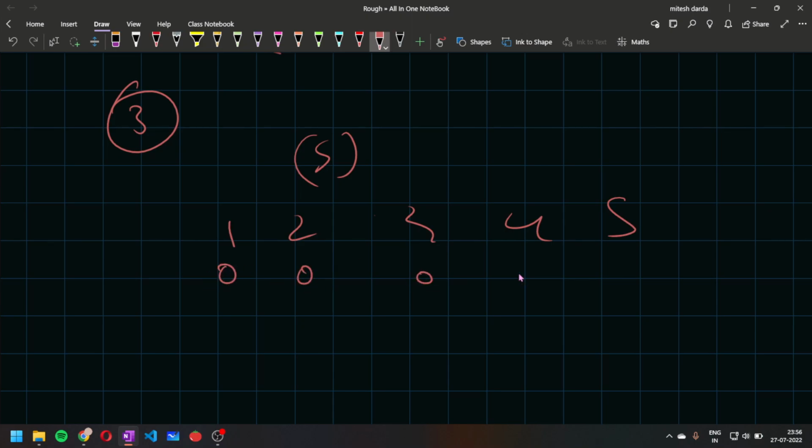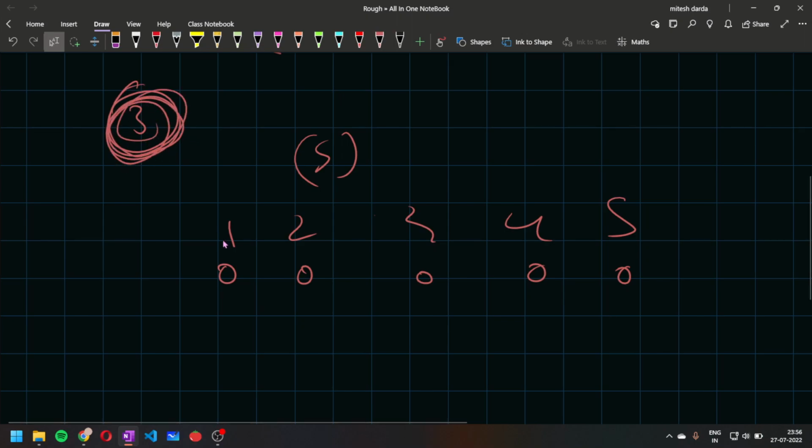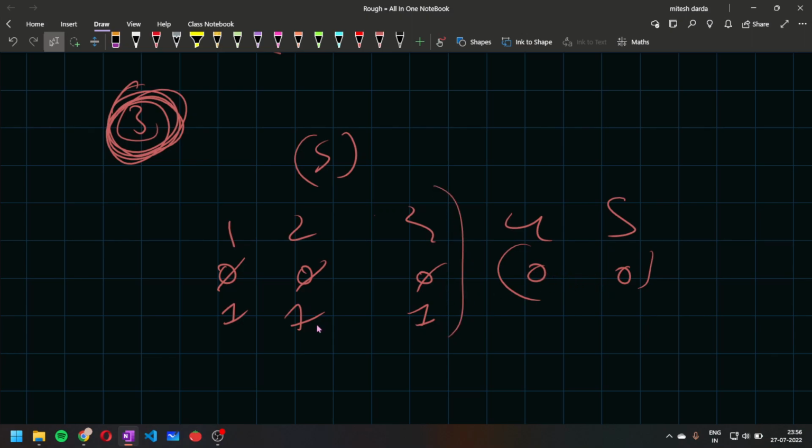We have made the subsequences such that initially they have zero badness. Then we distribute this total badness of three into these individual subsequences. So this is going to become one, this is going to become one, this is going to become one, and these two are going to be zeros only. Right? So that means that the maximum possible answer is one.